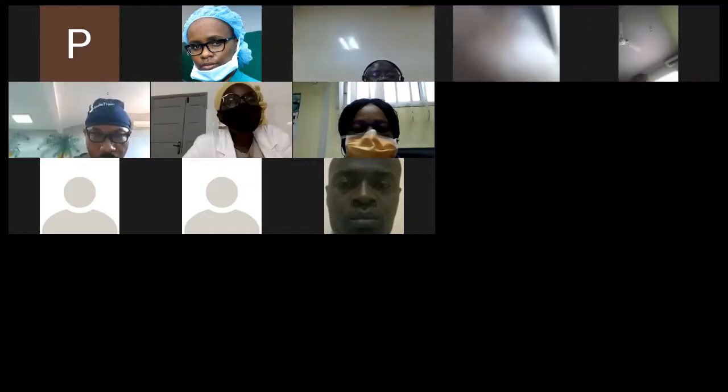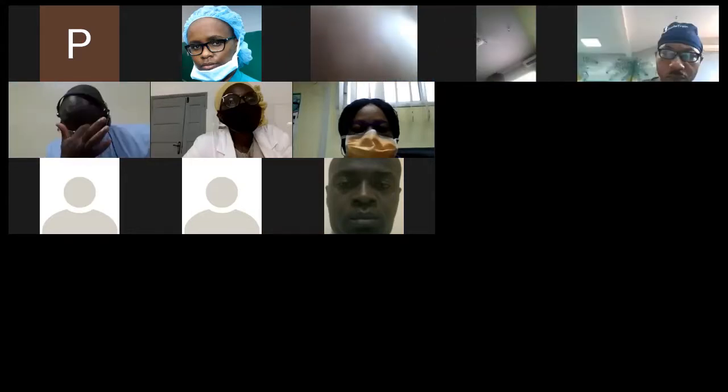The next one is, which repair technique has the highest fistula rates? Then, is a second stage palatoplasty beneficial in an individual with a severe cleft due to an increased palatal index? And what would be your preferred surgical technique?